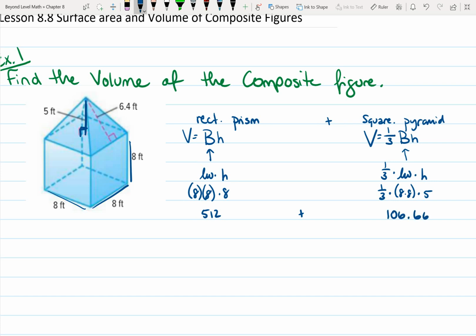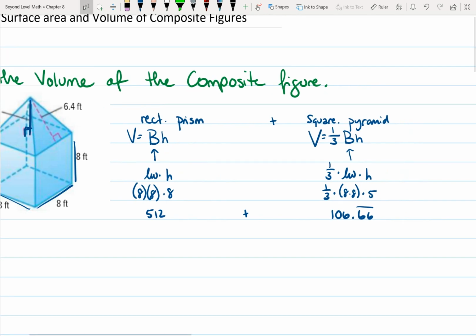Normally, I would say do not round within your problem. However, because it's going to be repeating, go ahead and round to 106.7 in this case. And then 106.7 plus 512.